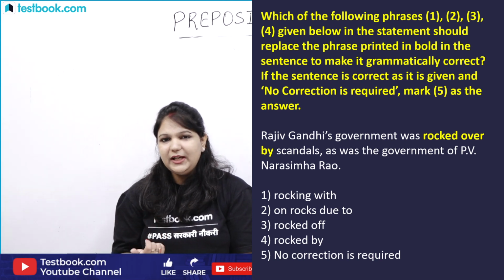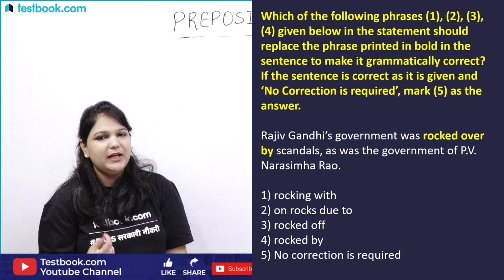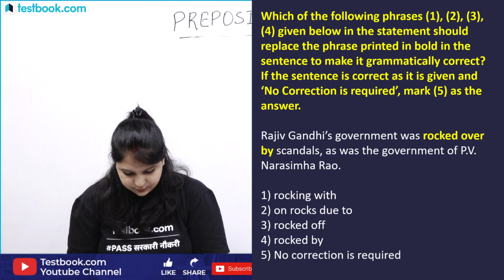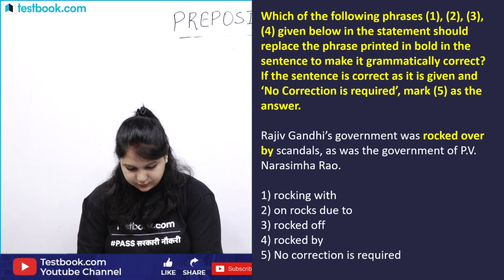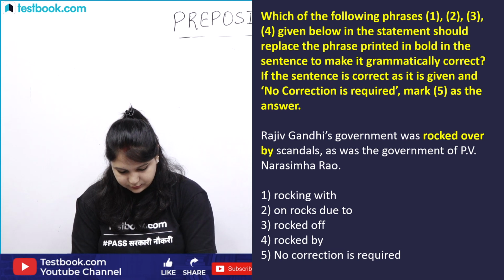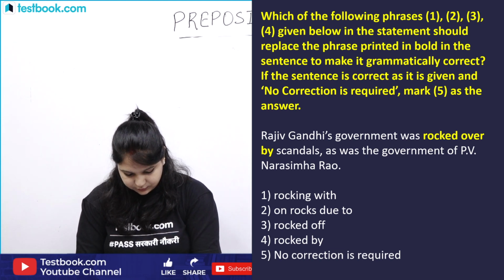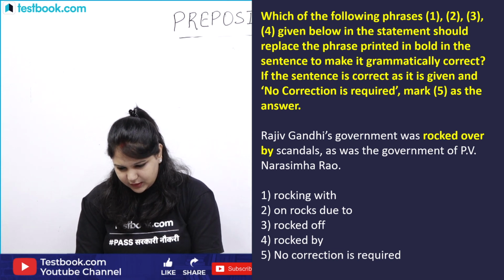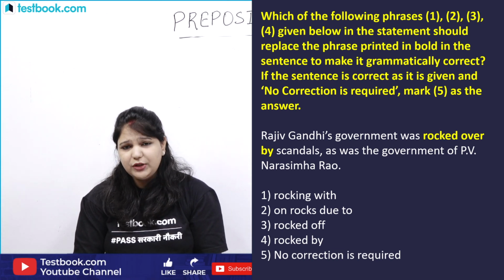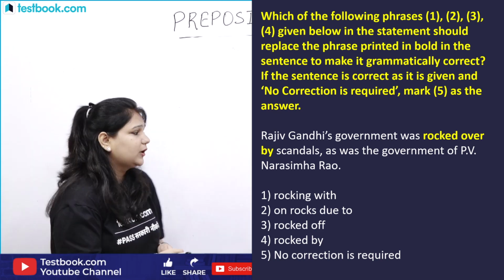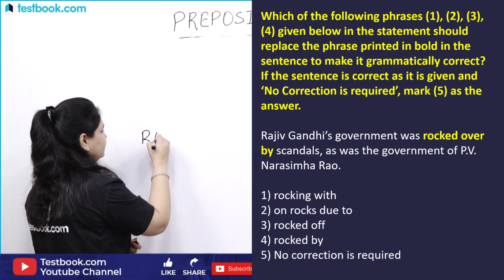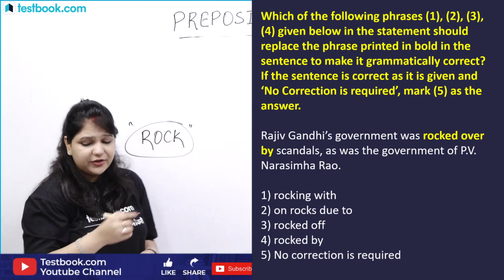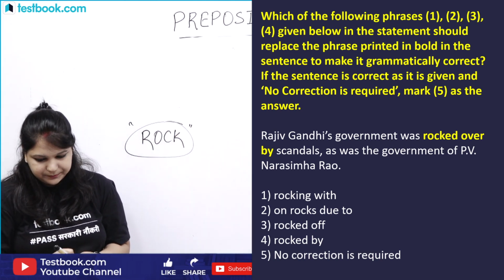So actually it is a part of your phrasal verbs error, if you are aware. The phrasal verb has to do with the word rock. Not the literal meaning of rock, everybody.